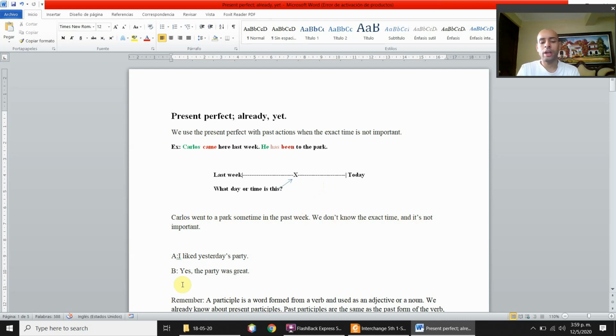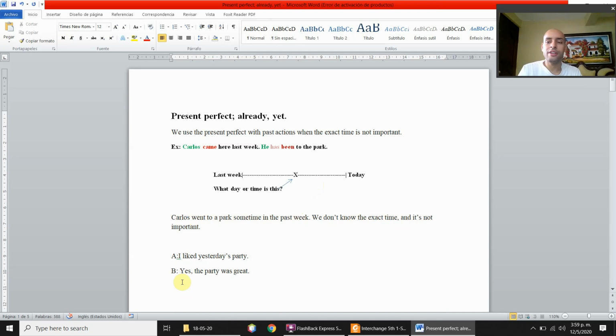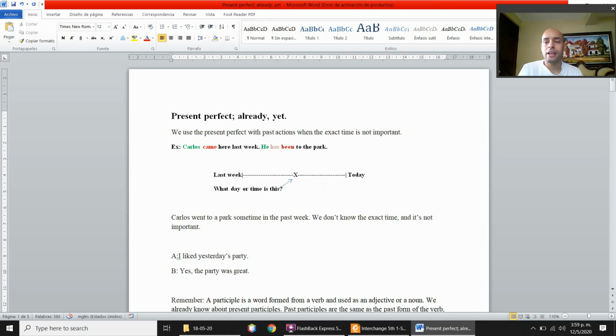So, the difference between this and the simple past is that with the simple past, we are specific as to when the action happened. For example, I liked yesterday's party. When did the party happen?